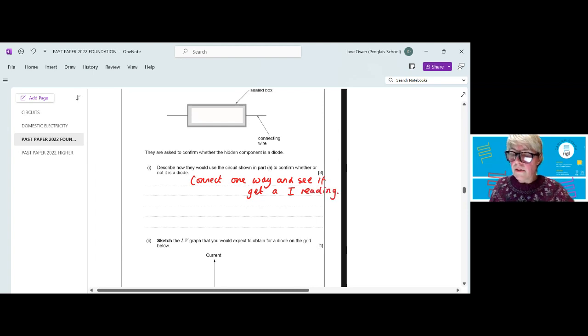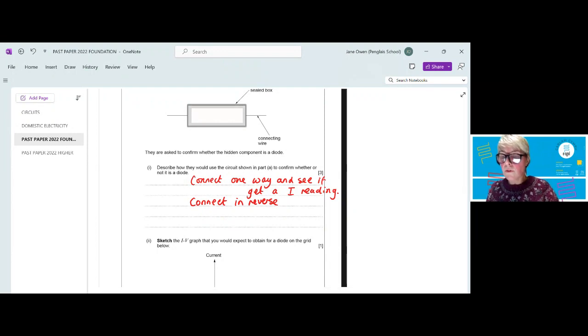Now, if it's a diode, you turn it around. You can either turn the battery around or you can turn the sealed box around. So connect in reverse. Now, if it was a diode, you won't get any current reading if you got a current reading the first time.